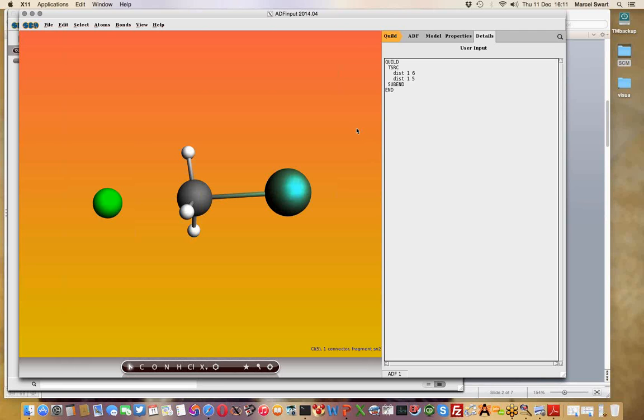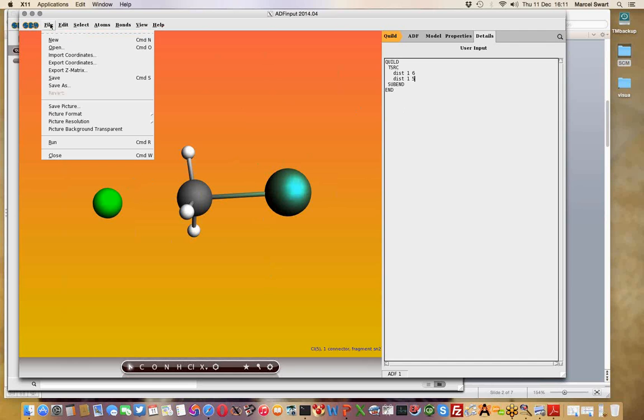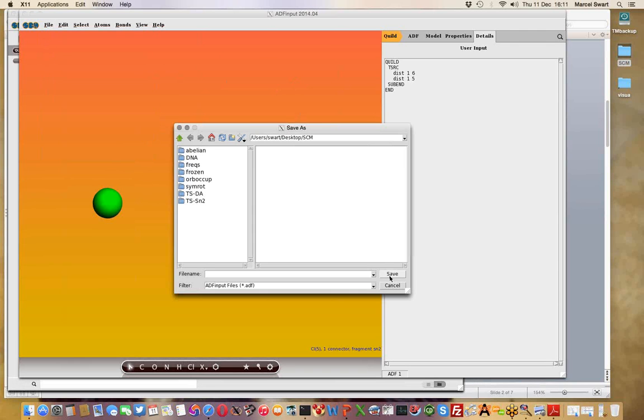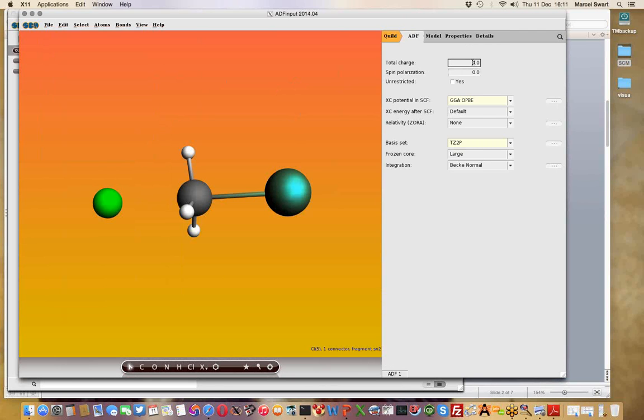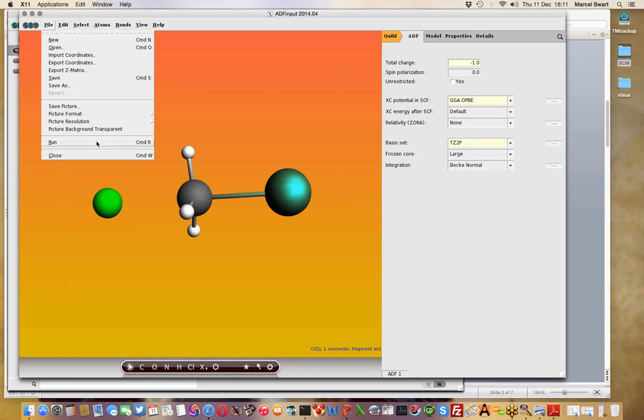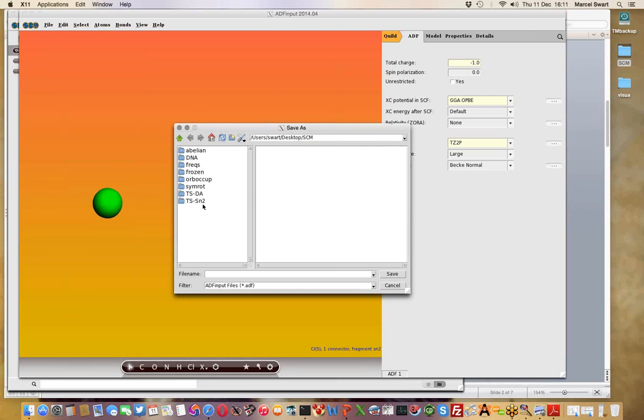This makes it so that you have one imaginary frequency already from the start in your model Hessian, which means you can optimize this geometry for the transition state much more easily. I should add here that, of course, it has a total charge of -1, and we'll just set it running, and then we'll come back to that later on.